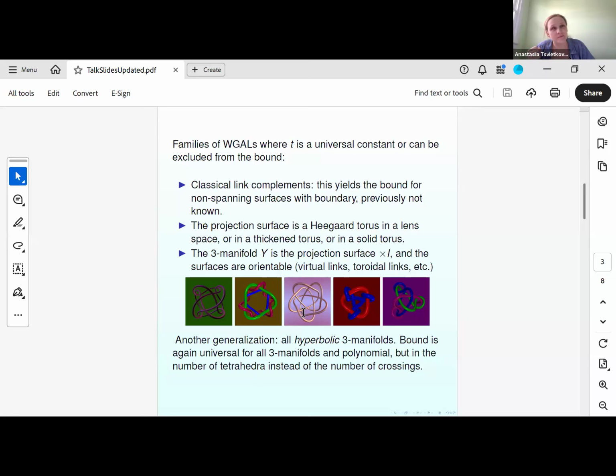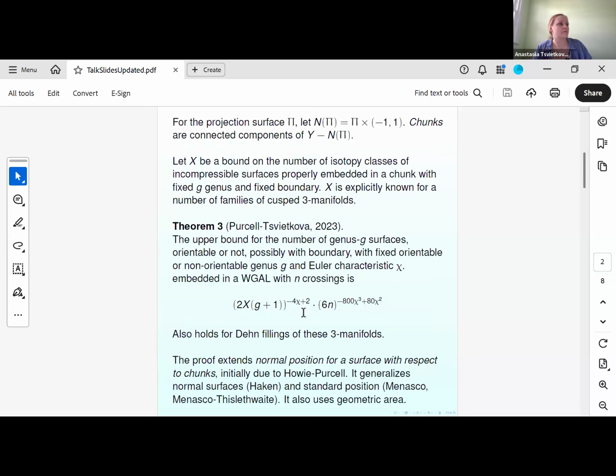But second, you have to do more geometry in a way. The geometry we did for weakly generalized alternating links was something like Gauss-Bonnet, and then maybe taking it a teeny tiny bit further. But once you work in a hyperbolic three-manifold, you can actually use differential geometry, and that allows you to refine the standard position. So let me talk a bit about that.